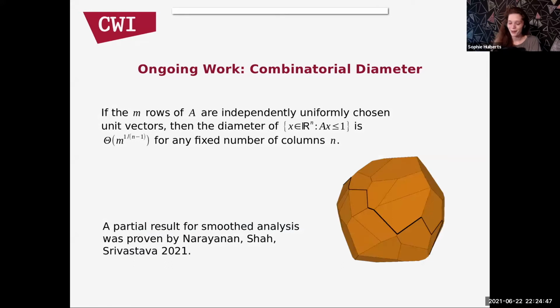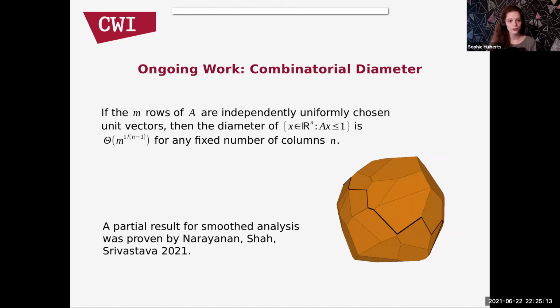So inspired by this work, we are now working with a group of people to study what's known as the combinatorial diameter of random polyhedra. This combinatorial diameter is a number we can associate to any fixed polyhedron, and which in a sense measures the running time of the smartest possible simplex method.